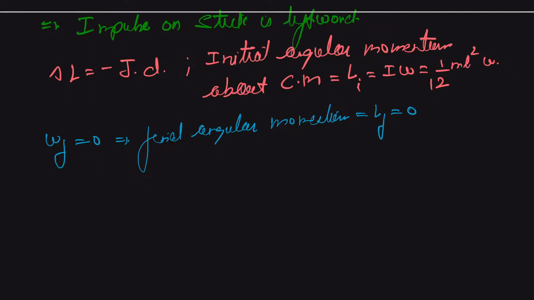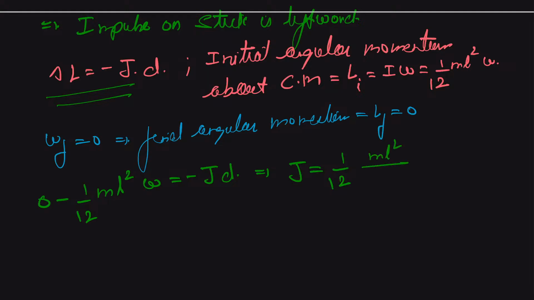So the change in momentum, that is the difference between the two, substituting this equation, we get 0 minus 1 upon 12 ml square omega will be equal to minus J times d. And from here we can say that our impulse is equal to 1 upon 12 ml square divided by d and multiplied by omega. And let us call this equation number 4.